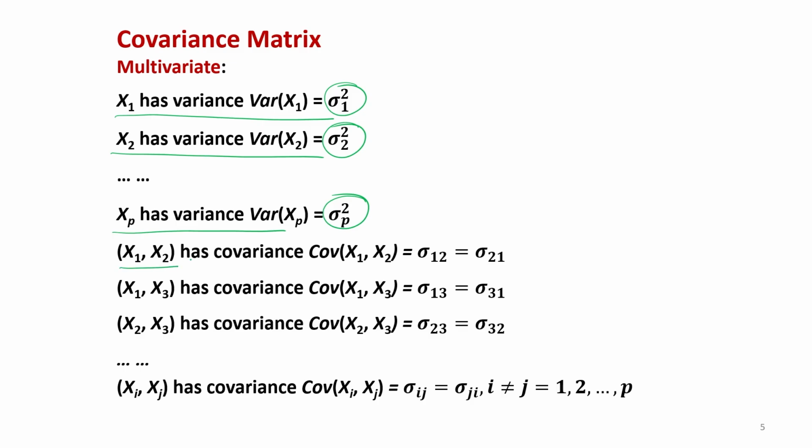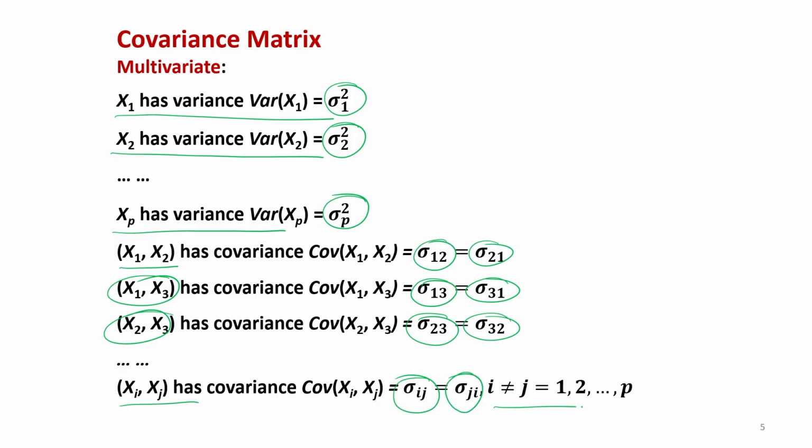So, x1, x2 will have covariance sigma 1 2, which is the same as sigma 2 1. x1, x3 will have covariance sigma 1 3, the same as sigma 3 1. x2, x3 will have covariance sigma 2 3, the same as sigma 3 2. In general, xi and xj have covariance sigma ij, which is the same as sigma ji, where i is not equal to j and goes from 1 to p.